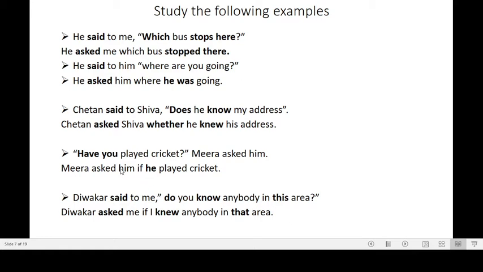"If" or "whether" should be used with a yes or no question. If he had played cricket. So the answer must be "if he had played cricket". Here "had" is missing. Sorry, I forgot to add this word. "Had", H-A-D, should be used here. So Meera asked him if he had played cricket.